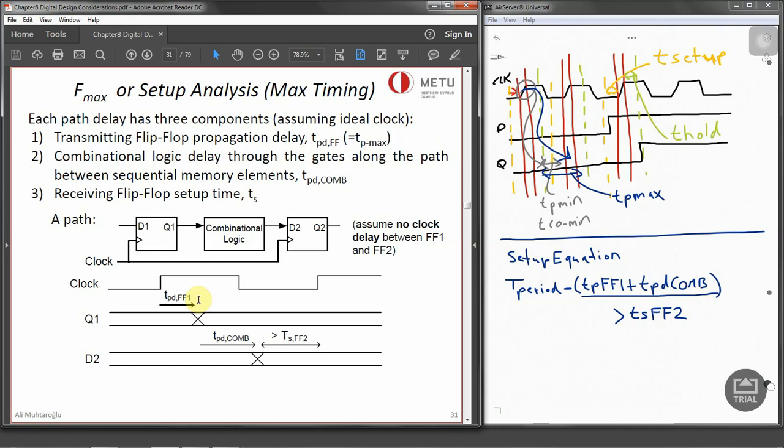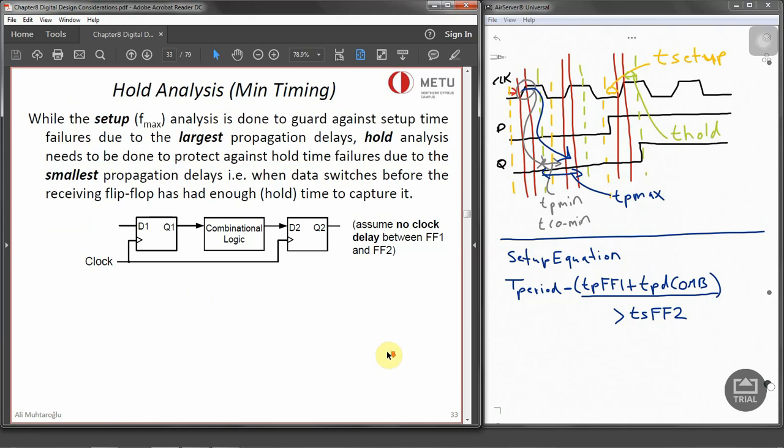Once again, if the input to a flip-flop doesn't stabilize in time before the rising edge of the clock, we'll have a setup time violation. We also have hold time analysis apart from the setup analysis, and we need to do that because we don't want to have a hold time failure.